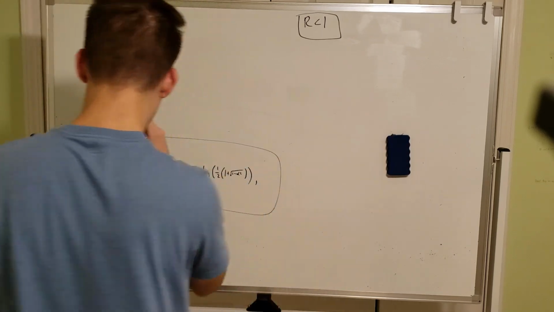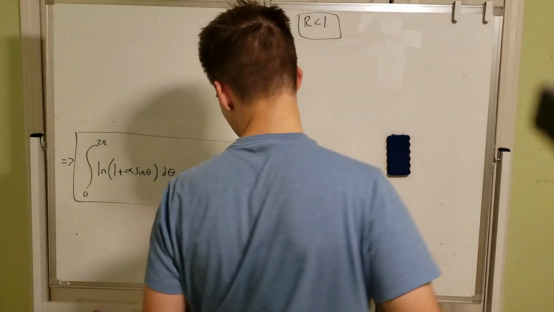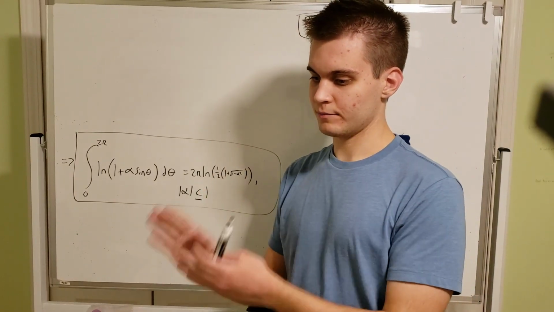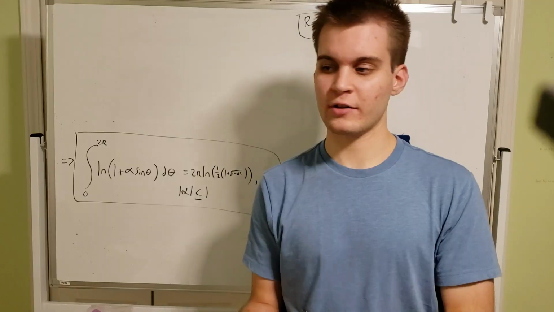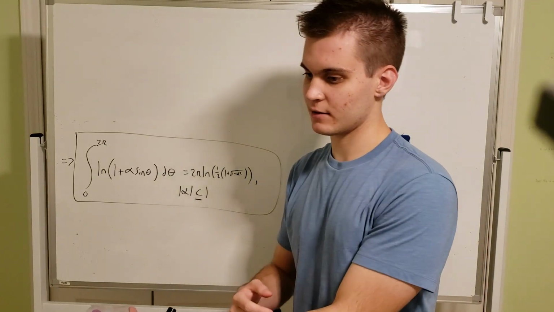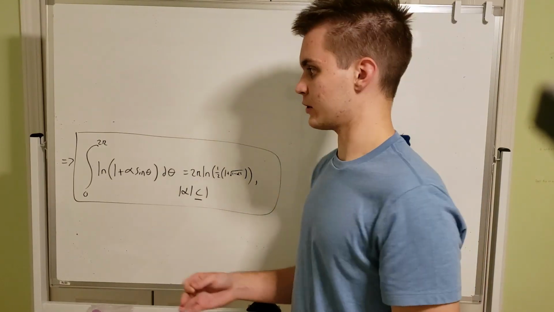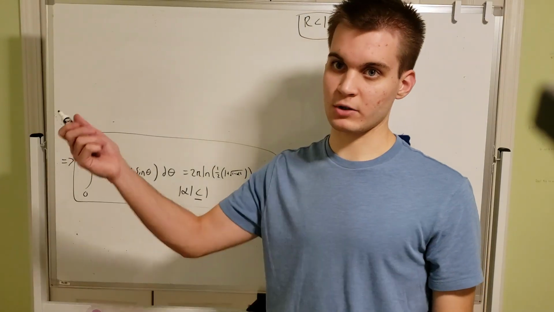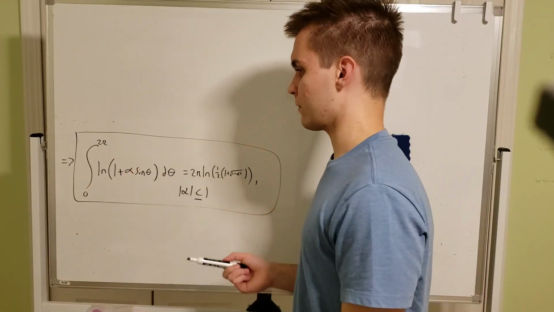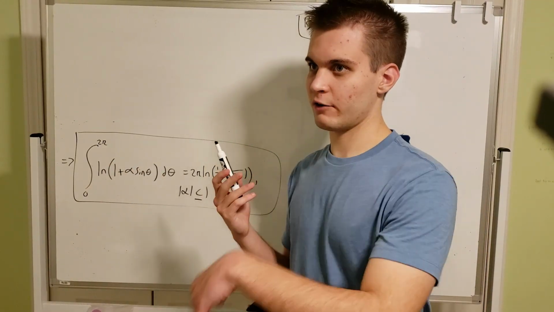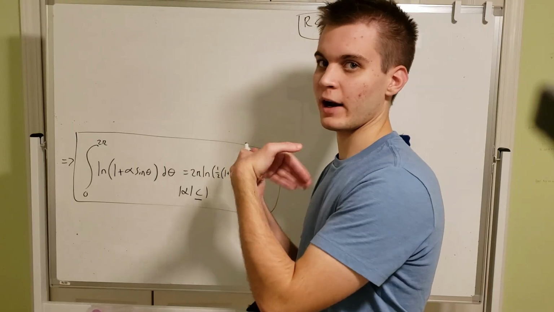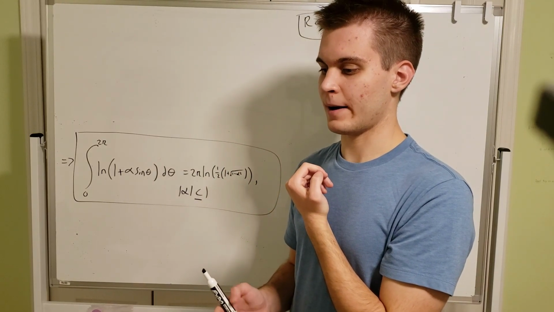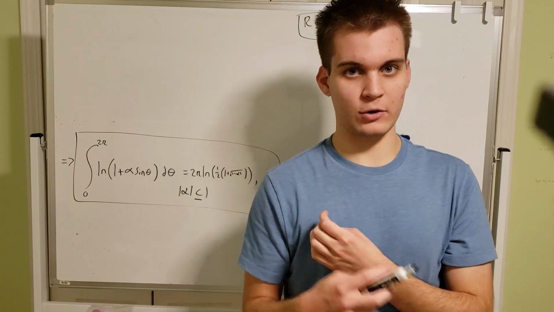Okay, so now I think the most logical way to split this is, let's pick the theta range that allows sine to take on its full range of values. In that case, that would be minus pi over 2 to pi over 2. That's where sine goes from minus 1 to 1, takes on all its values. So intuitively, if we're integrating from 0 to 2 pi, that range from minus pi over 2 to pi over 2 should give us just half of the integral from 0 to 2 pi.